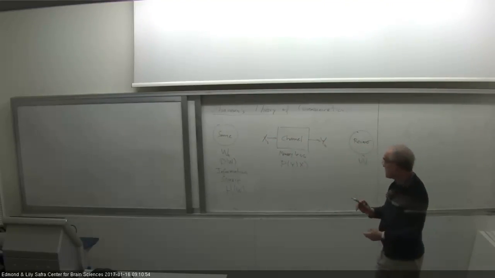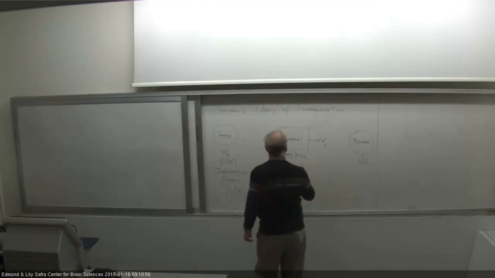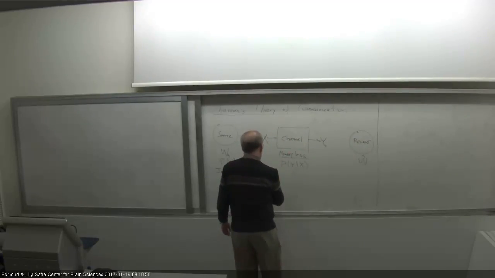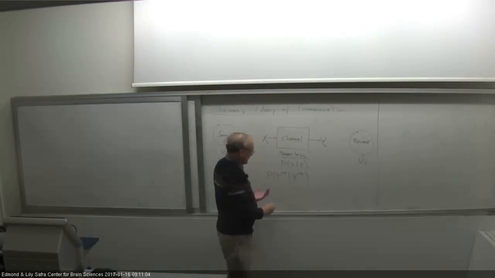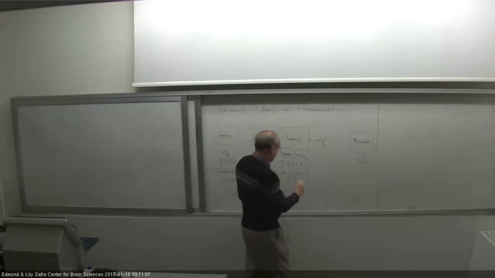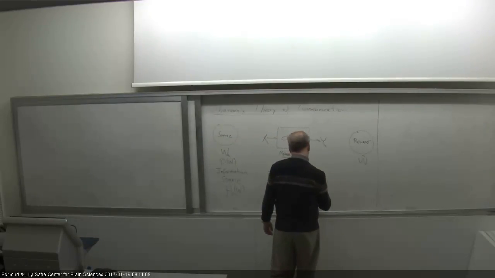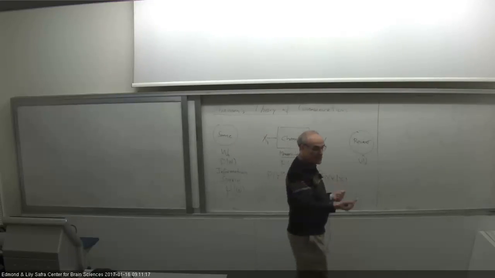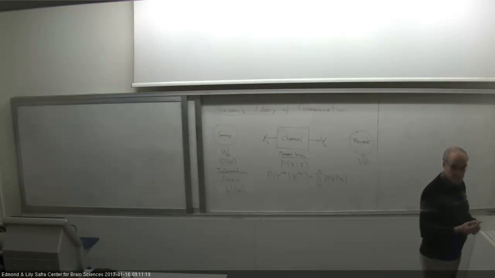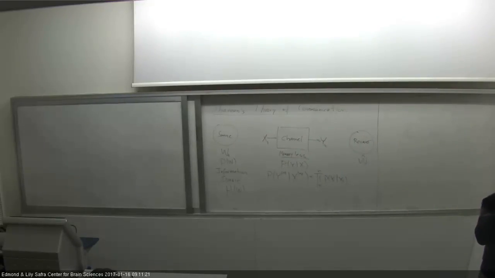And there's an assumption that there is no memory, which means that the probability of a long sequence of outputs, given a long sequence of inputs, is simply factorized. Which means each symbol is transferred through the channel independently. This is, of course, a very strong assumption, which is usually not true for physical channels.